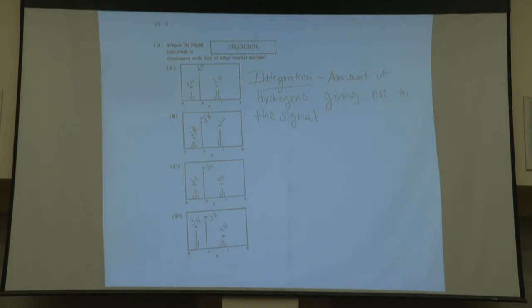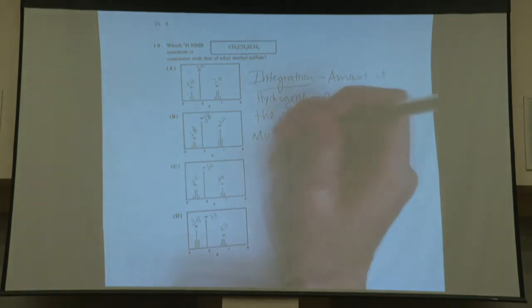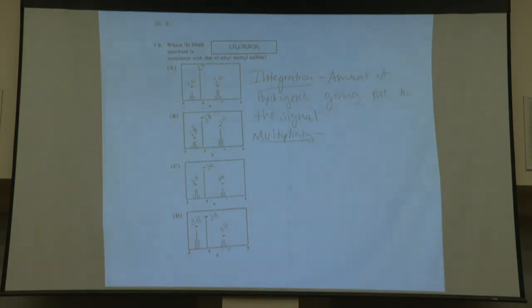So how does that differ from multiplicity? How does that differ from a triplet or a singlet or a doublet? Exactly. Multiplicity is dealing with the neighboring hydrogens. So multiplicity tells you how many hydrogens you have on the carbons next door, right?